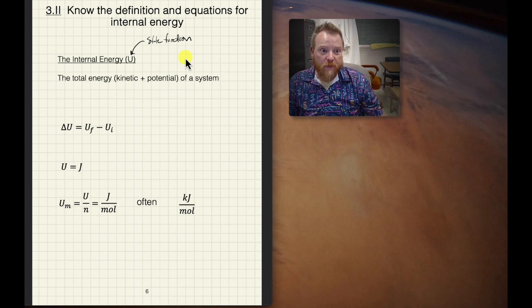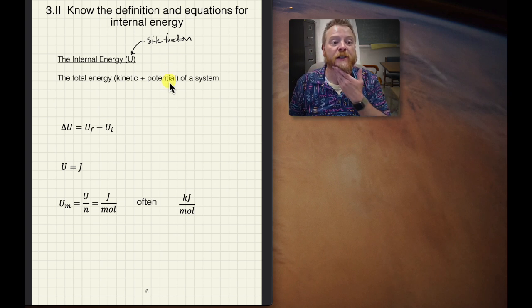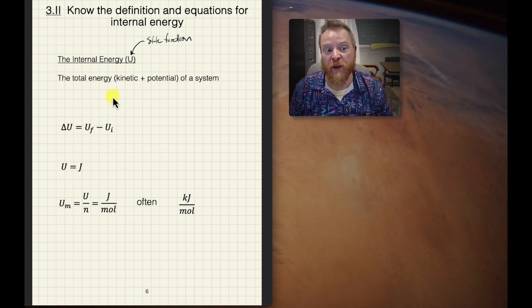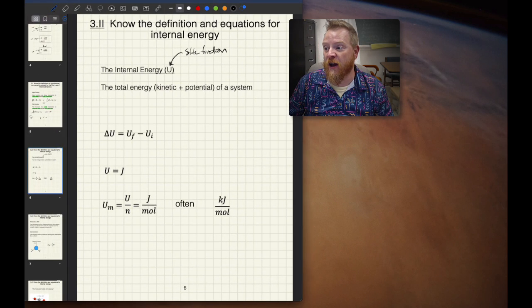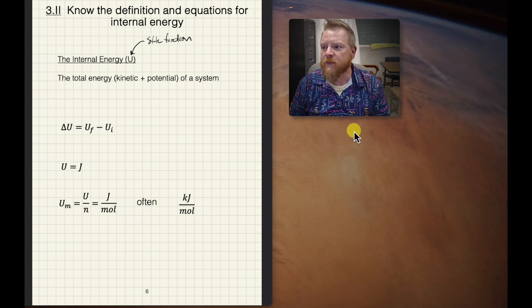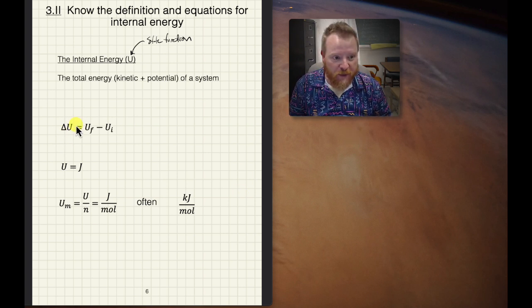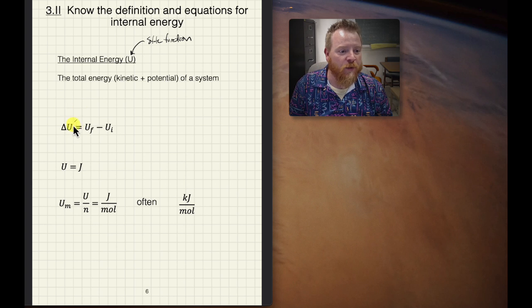function. So internal energy, we really think of as the total energy. So it is the kinetic plus the potential energy of the system. So when we talk about this in terms of the delta, we're often referring, let's try that again. Let's erase that.